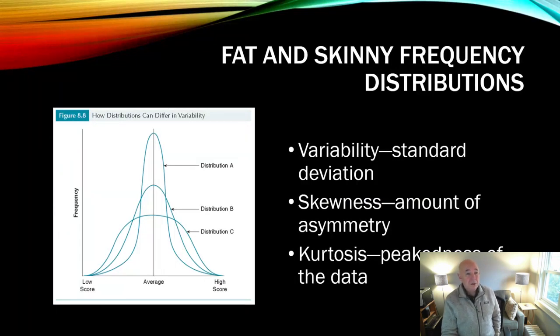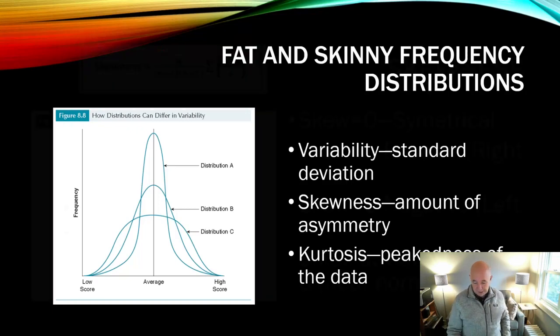These are all symmetrical curves. What we're measuring is the kurtosis, or the peakedness of the data. Your data sets will differ in how they spread. It might be skewed one way or the other, but it also might be narrow and peaky, or flat and long, and you can measure that and talk about whether your data set is like that.